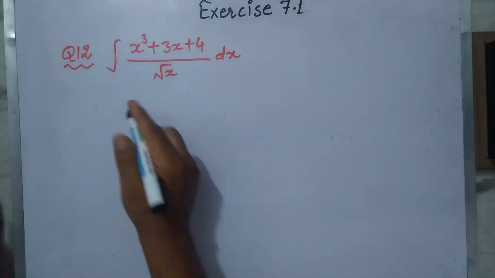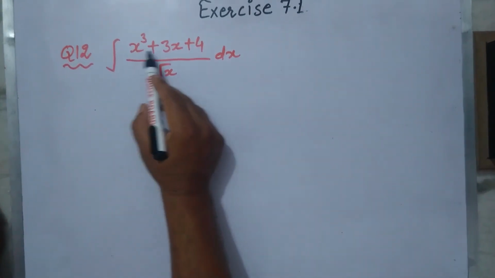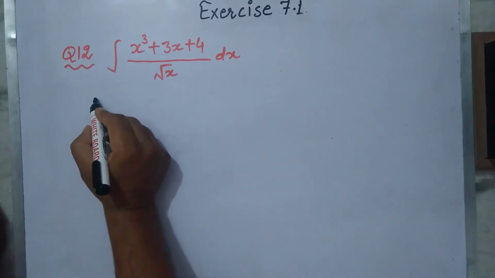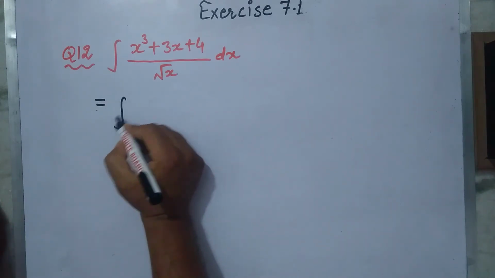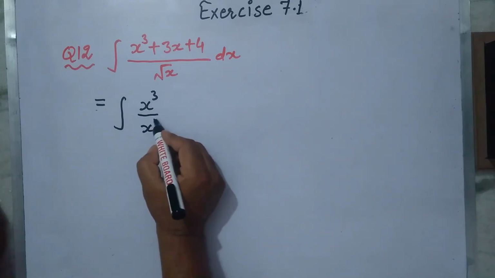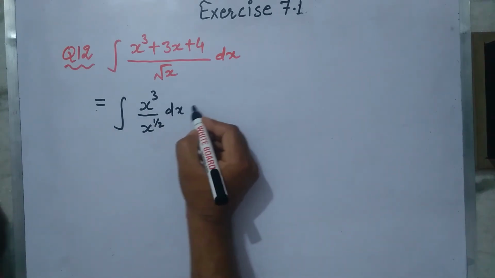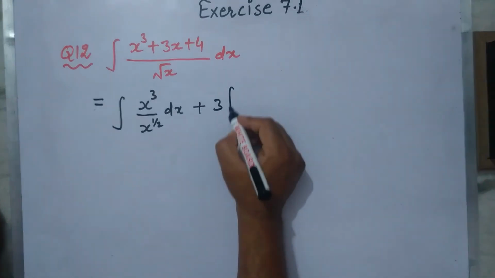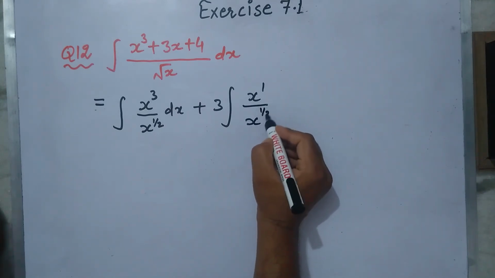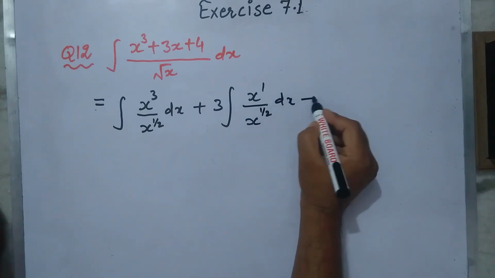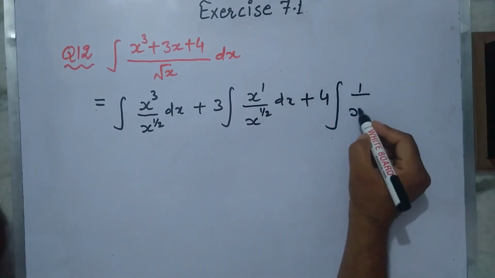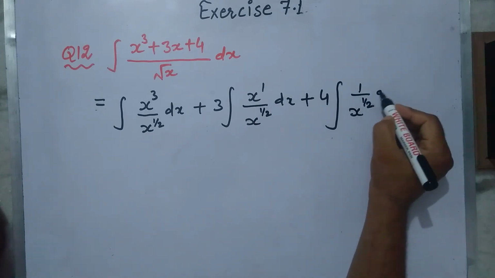Next, question number 12: (x^3 + 3x + 4) divided by square root of x. So we can write this as integration of x^3 upon x raised to power 1 upon 2 dx plus 3 x upon x raised to power 1 upon 2, plus 4 integration 1 upon x raised to power 1 upon 2 dx.